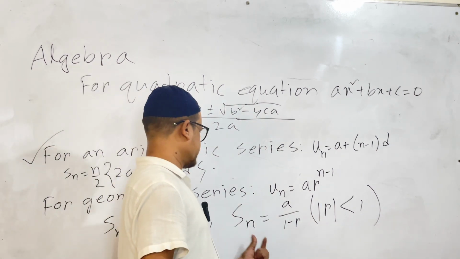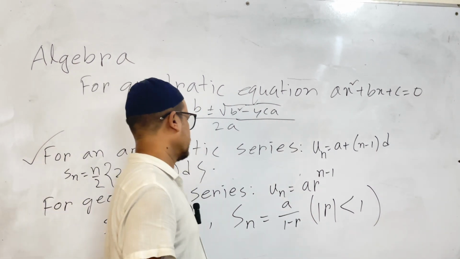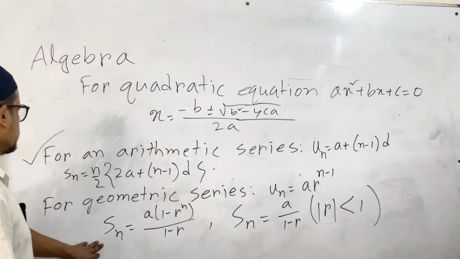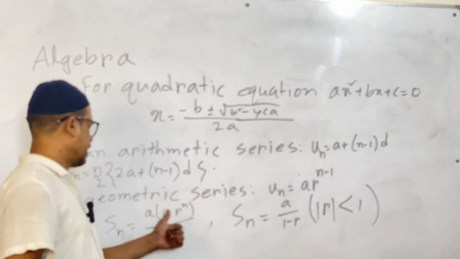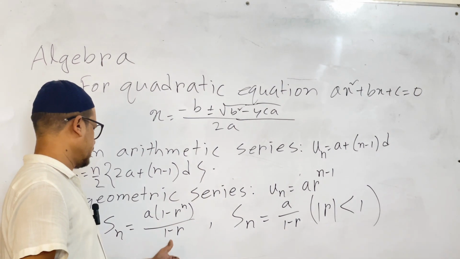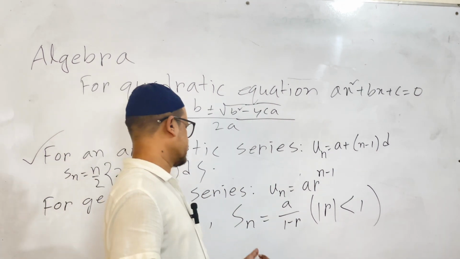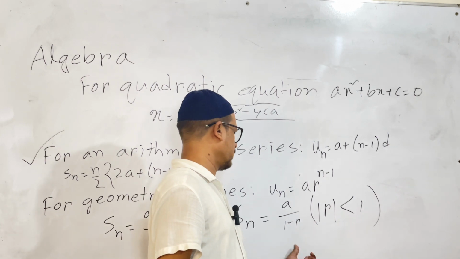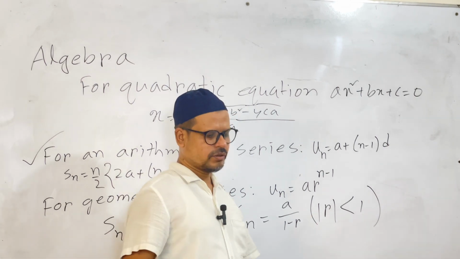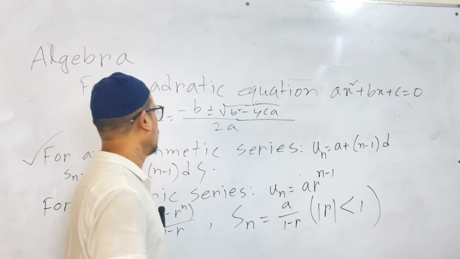This is the summation of the geometric series: a bracket 1 minus r to the power n by 1 minus r, or you can write s equal to a by 1 minus r, when r is less than 1.